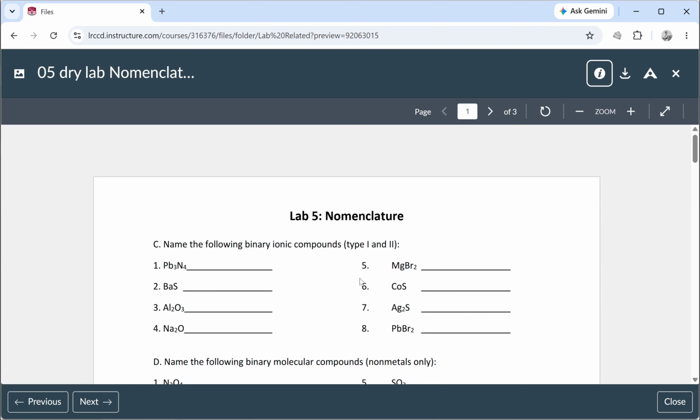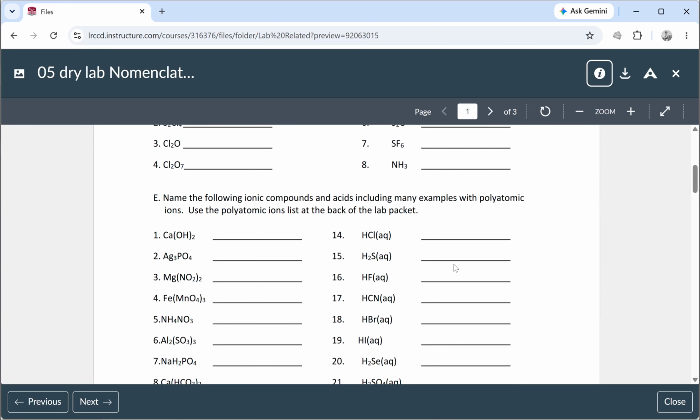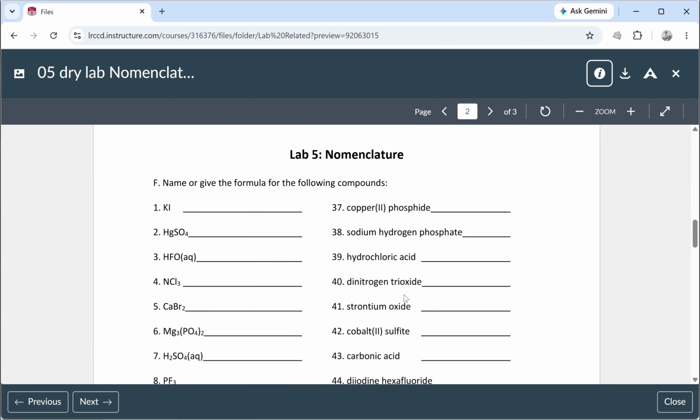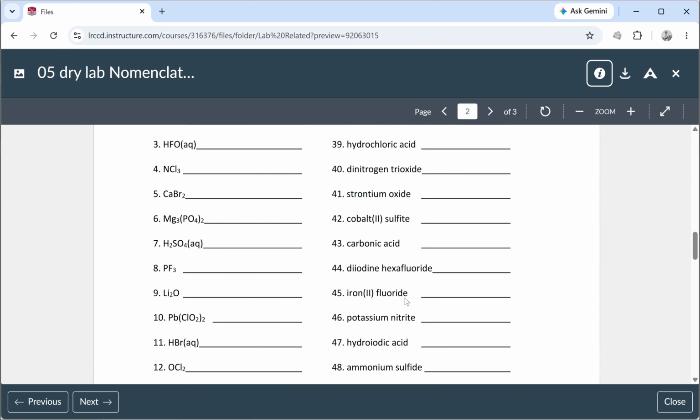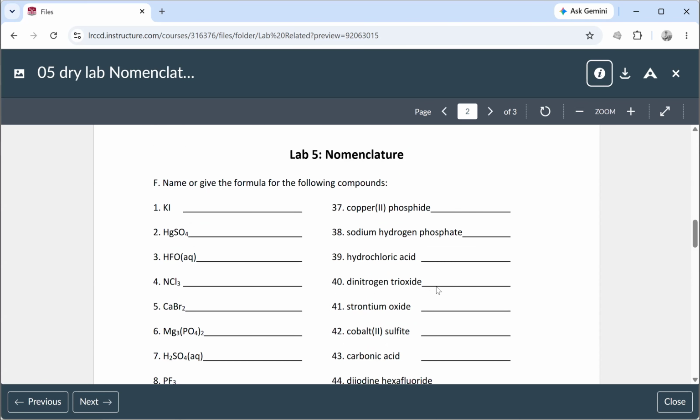Yeah, and on this lab 5, don't do the ones that say AQ because those are acids, and the ones that say acid, like oxalic acid, hydroselenic acid. Don't do those because we haven't covered those. Do the ones that don't say acid and don't do the ones that say AQ.